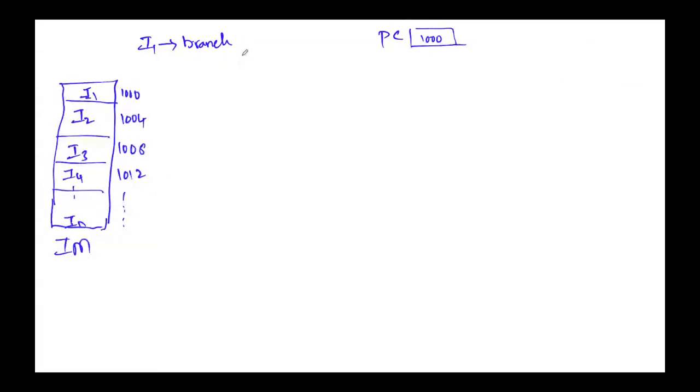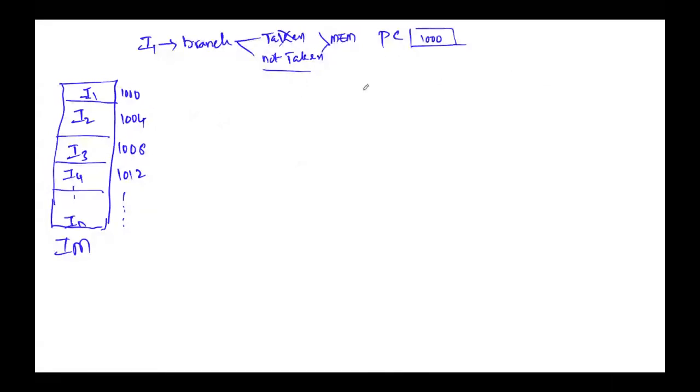Now whether this branch is taken or not taken will be known at the memory stage. But in our case, we are assuming not taken. In that case, how will these instructions be executed?